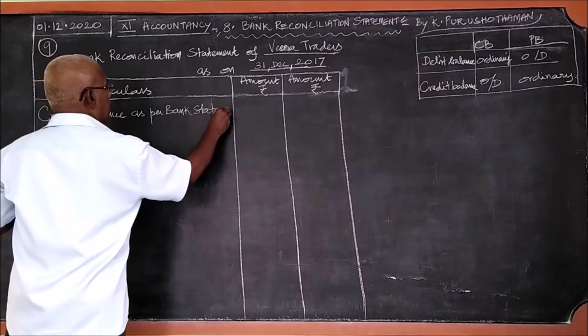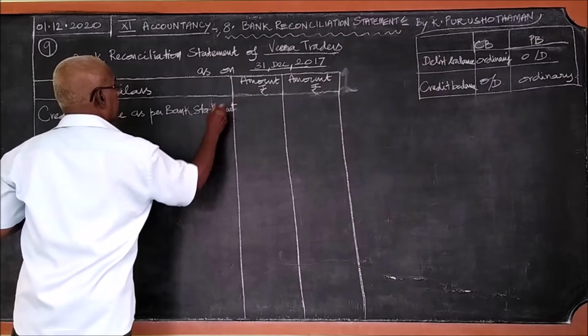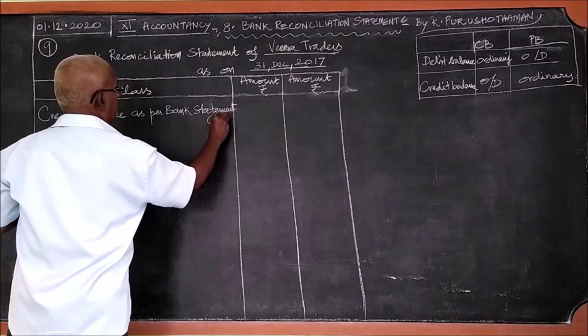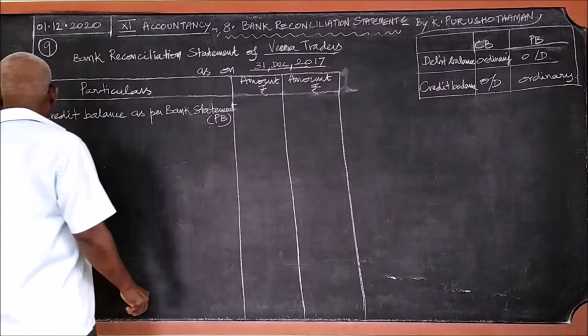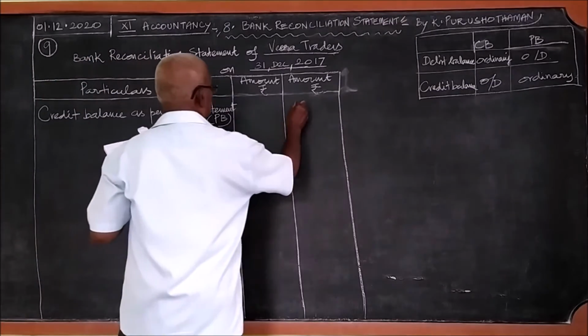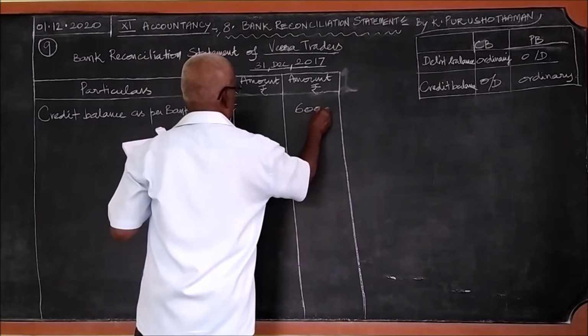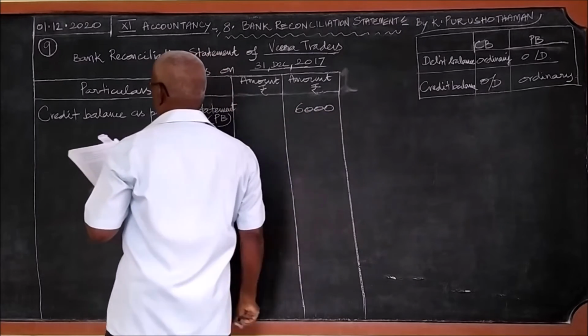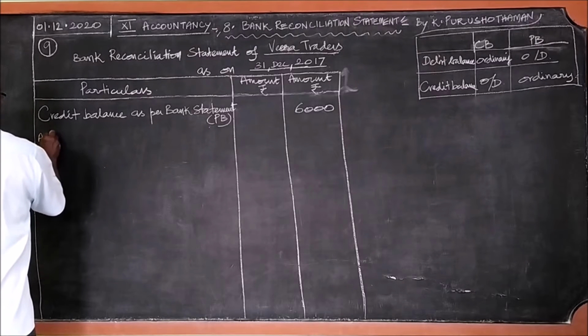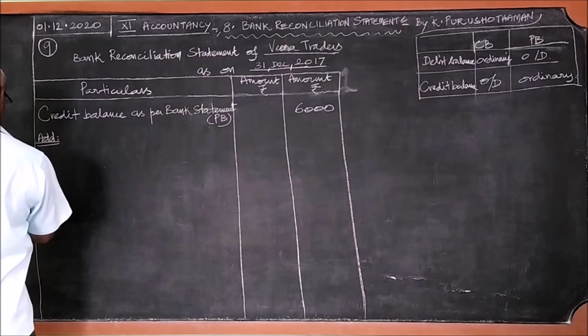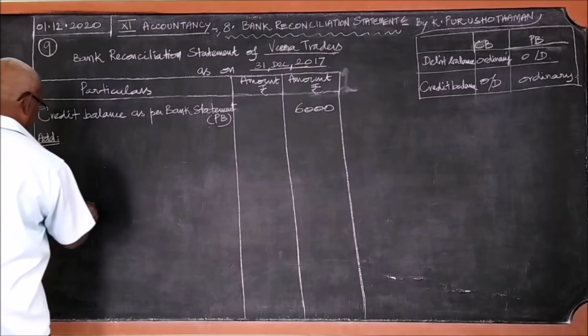Credit balance as per bank statement, that is as per passbook. The amount is 6,000. Now we should add some items and we should less some items.